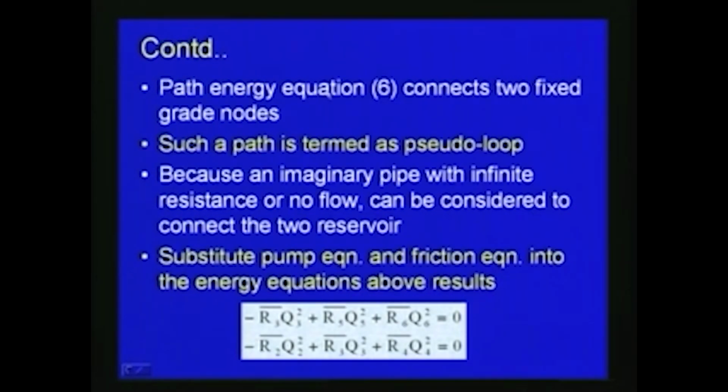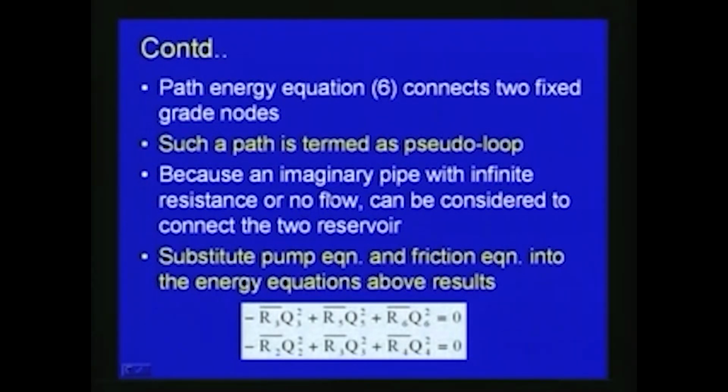Now, the path energy equation 6 connects two fixed grade nodes. Depending upon the network, we can see where the fixed nodes are. Between these fixed grade nodes, we can write the path energy equation as written here, in this case equation number 6. Such a path is termed a pseudo loop.